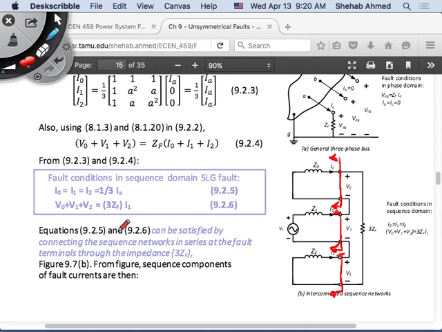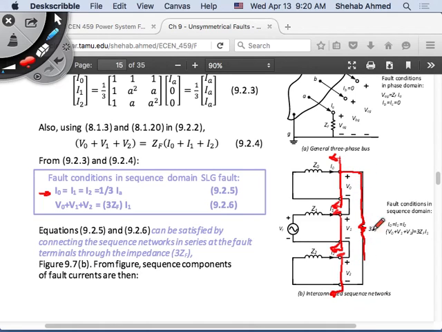What do these two equations tell me? This equation tells me that all the sequence currents are equal. What does this equation tell me? It tells me that the sequence voltages, when you add them up, will equal 3 times the fault impedance multiplied by the sequence current. So one way to represent that is this.